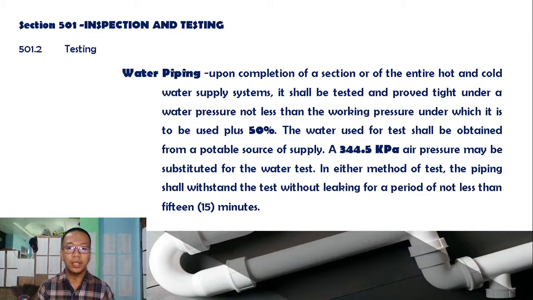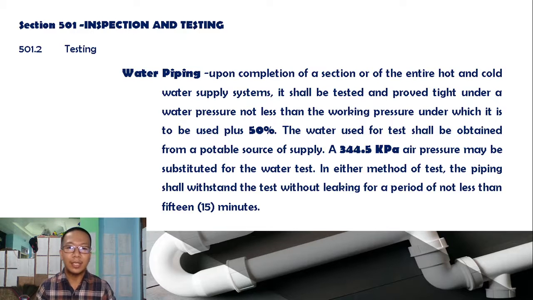The water used for test shall be obtained from a potable source of supply. A 344.5 kPa air pressure may be substituted for the water test. In either method of test, the piping shall withstand the test without leaking.